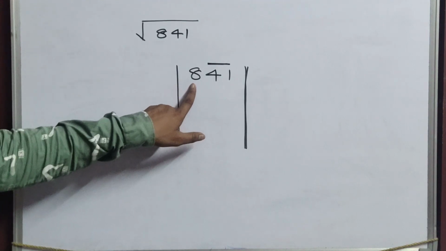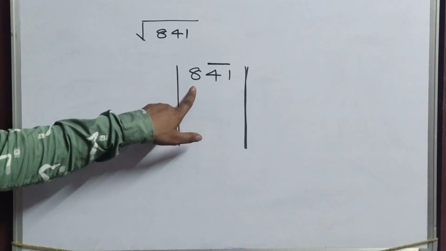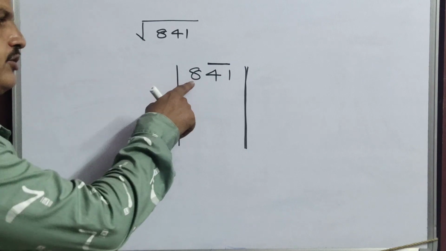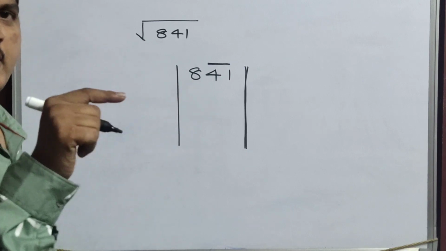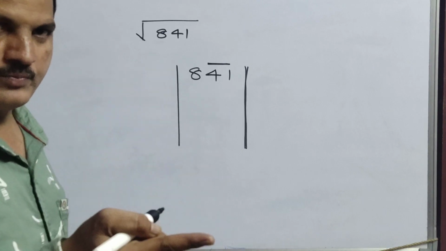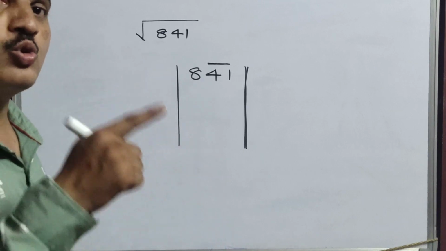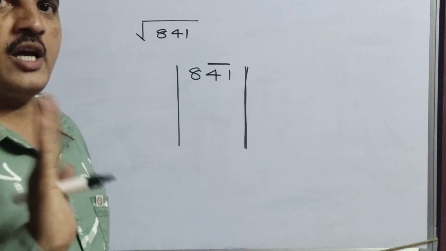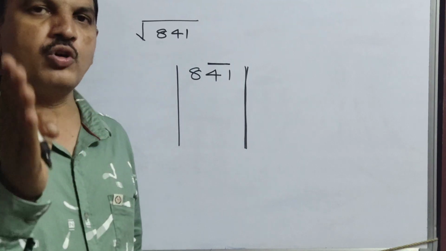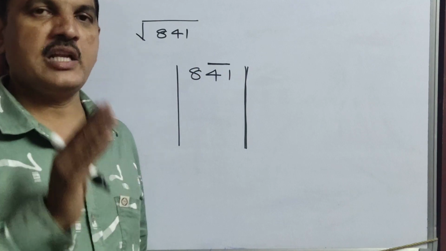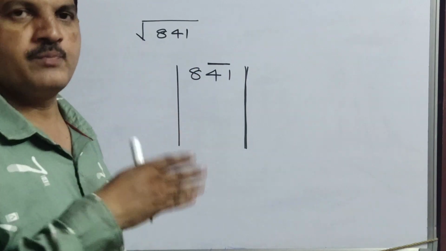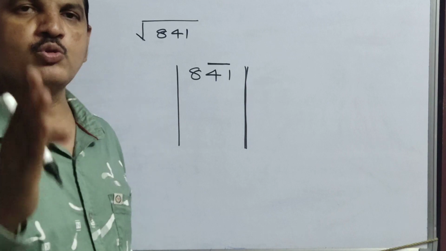Now what is left here? 8. So in which table? 2 2s are 4, not coming. 3 3s are 9, it became more. 2 and 4 are different; only same numbers, like 0 0s are, 1 1s are, 2 2s are, 3 3s are.